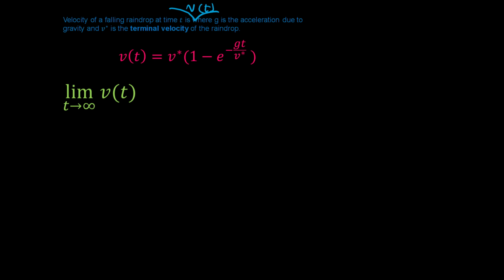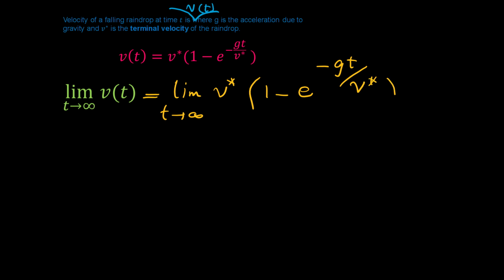When t approaches infinity, what would be the limit of the velocity of the raindrop? So for finding this limit, we say limit as t approaches infinity of v(t). v(t) is v star, a constant, times 1 minus e to the power of negative g t over v star. We want to find this limit.